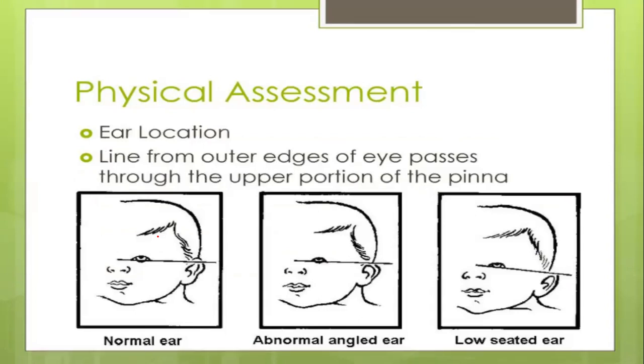When we are talking about the ear location, there's a line from the outer edge of the eye that passes through the upper portion of the pinna. We also talked about it, right? There's a line between the upper part of the ear and the external or outer angle of the eye. So here we have this line from these two structures.